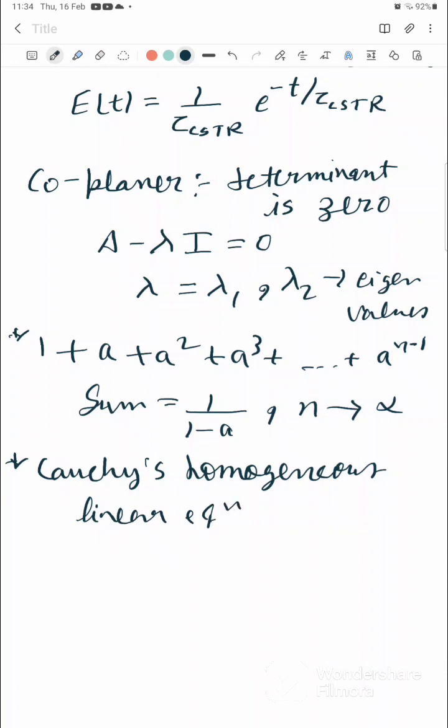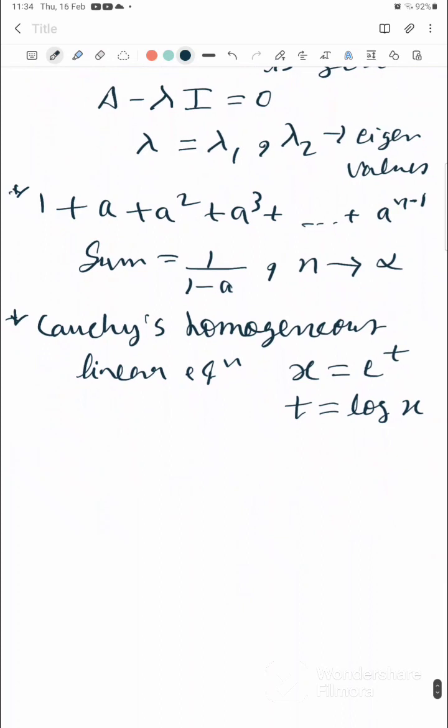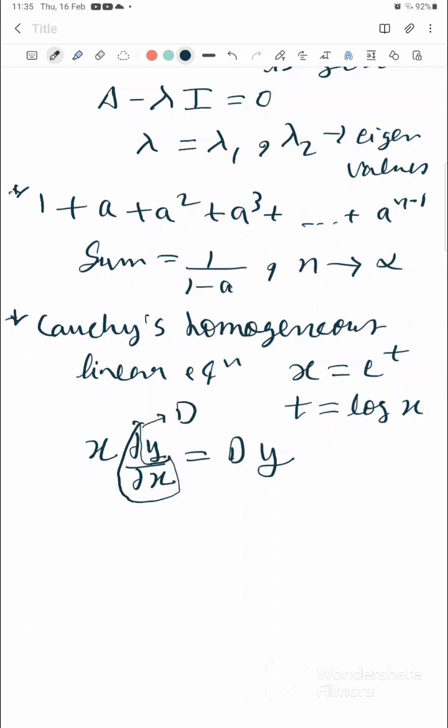Cauchy's homogeneous linear equation, x is equal to e to the t. Explanation of this I don't know clearly. Please comment below if you know, guys. x dy by dx, we substitute this with D y.